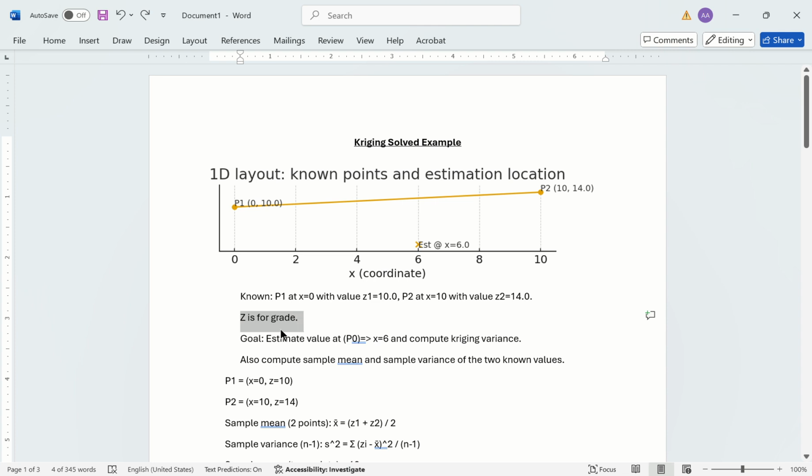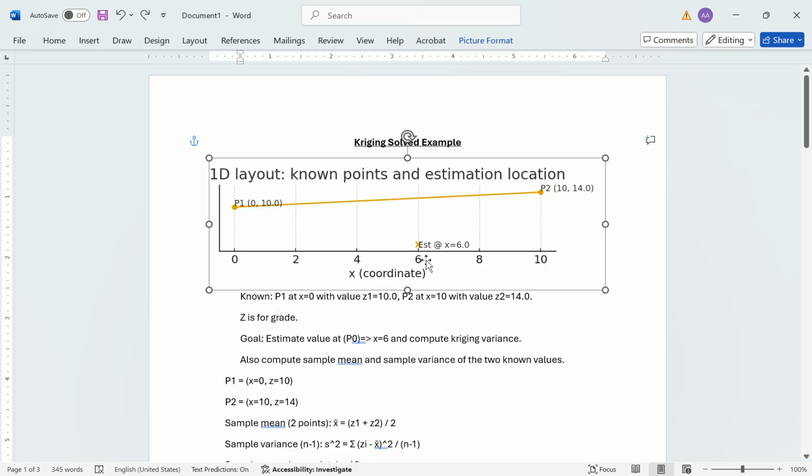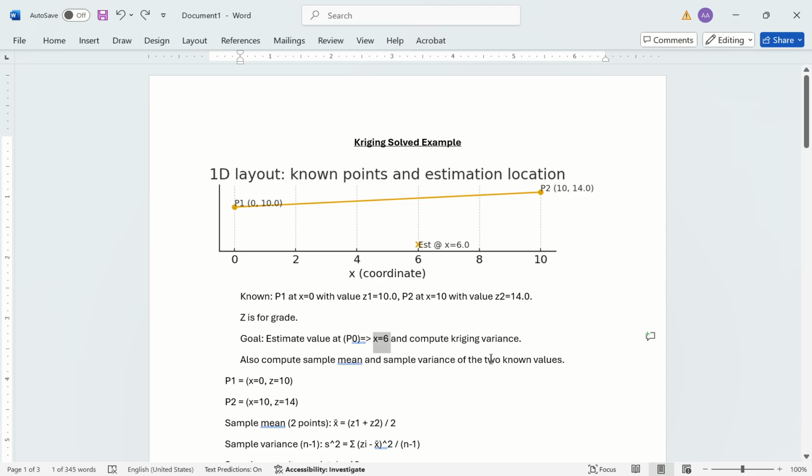Suppose z is for grade, then our goal is to estimate the value at p0, which is over here, having x of 6, and we are going to compute its Kriging variance as well.